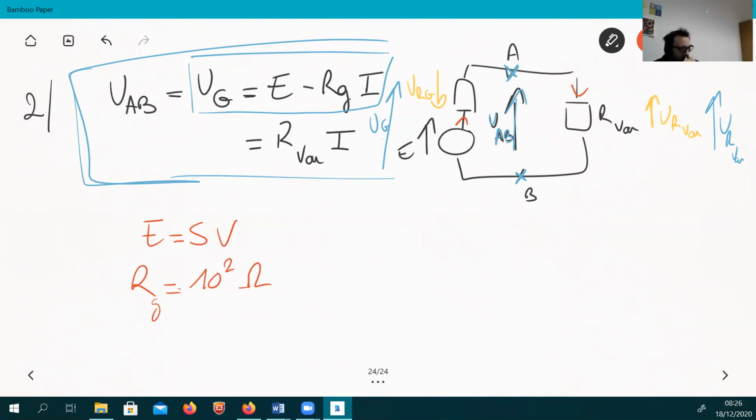So the goal of this exercise was just to introduce you to a specific characteristic of a non-ideal generator, which is going to be the case of what you encounter during the lab session.